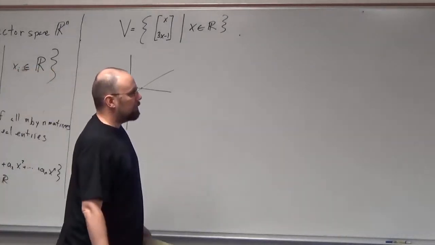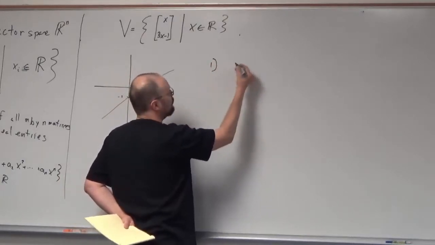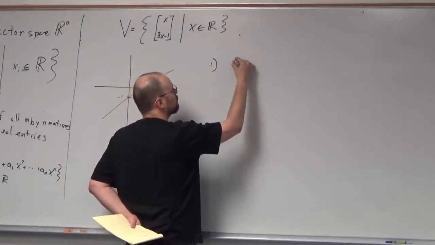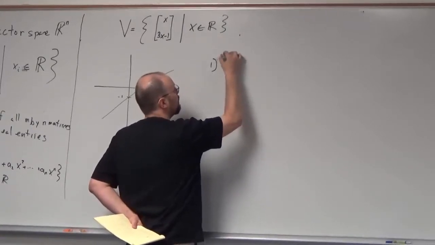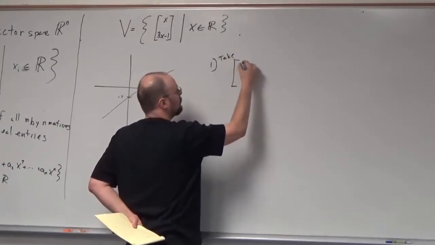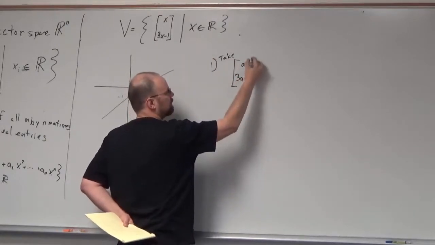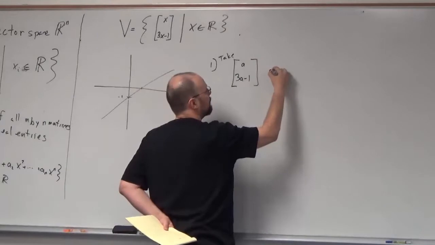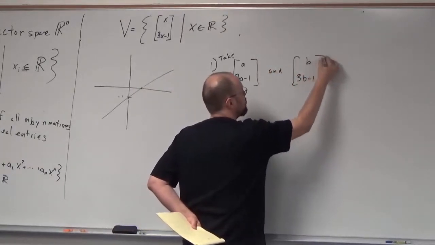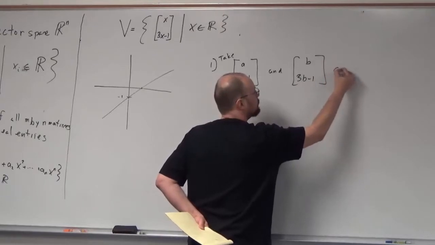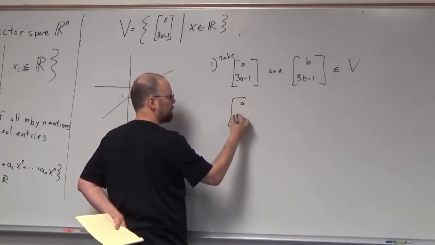Again, I would start with the closure properties. So is this closed under addition? I'm going to take 2 vectors that have the qualifying structure that tells you that you're in V, and add these 2.